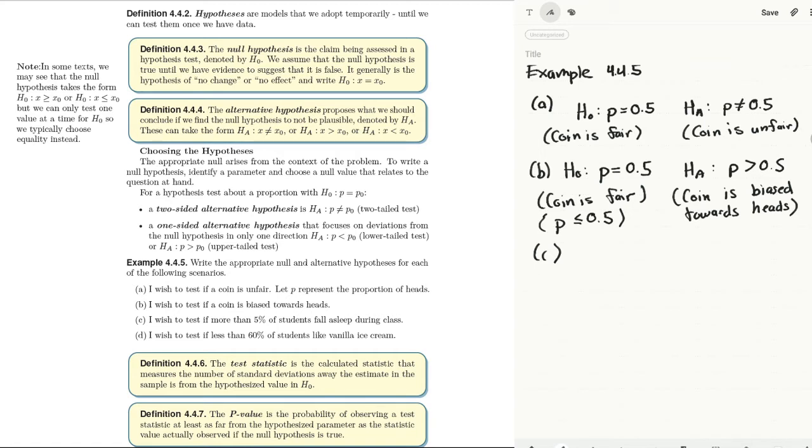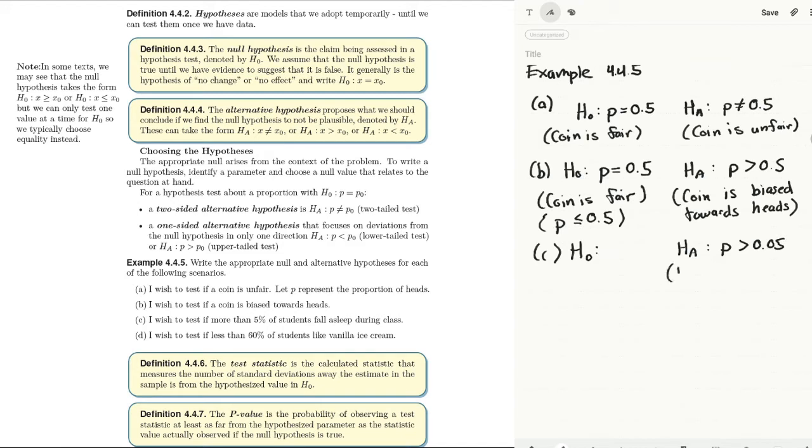So now let's suppose that I wish to test if more than 5% of students fall asleep during class. And so if P represents the proportion of students that fall asleep during class, then this means that the alternative hypothesis is that P is greater than 0.05.